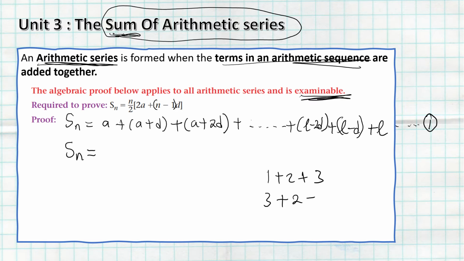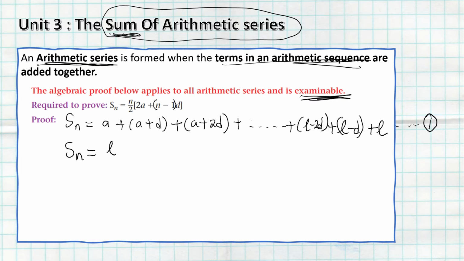These two are the same thing. In addition, the order doesn't matter so long as you're adding all the terms. So to get equation 2, you start from the last term and add going backward, because it's the same thing. You're not breaking any mathematics rule.